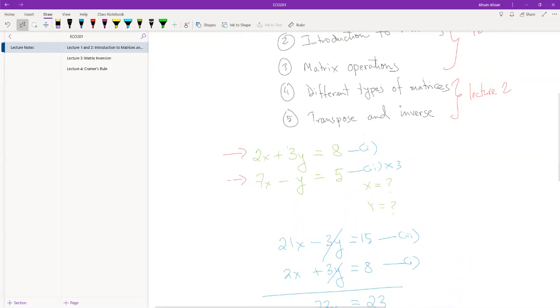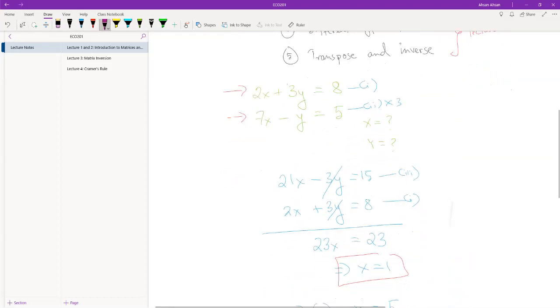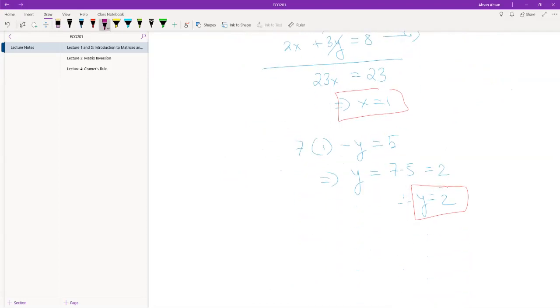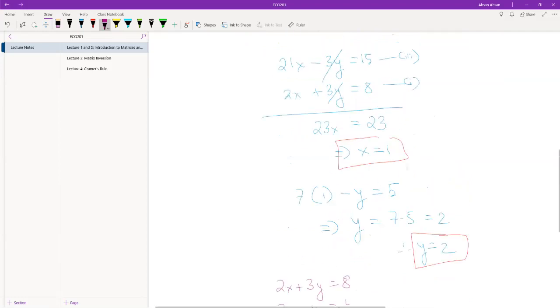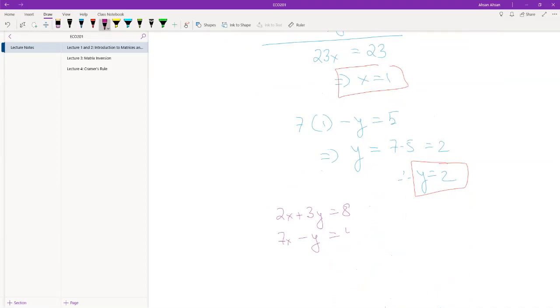Okay, so let me write this equation down again. We have 2x plus 3y equals 8, and 7x minus y equals, what was it, 5? It was 5, yeah.